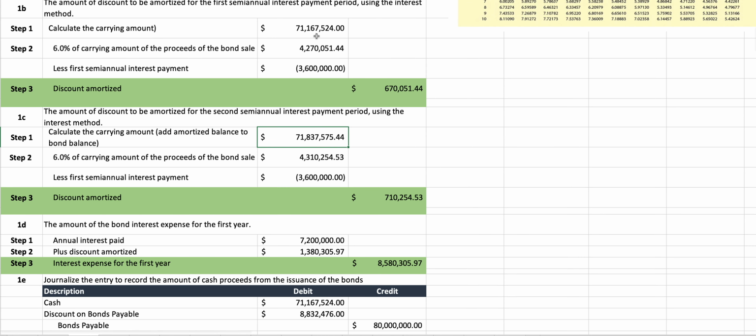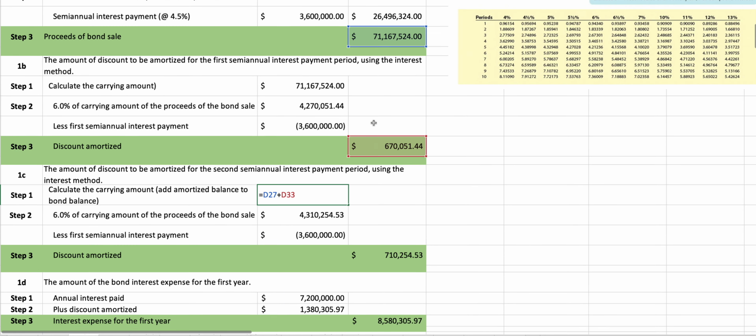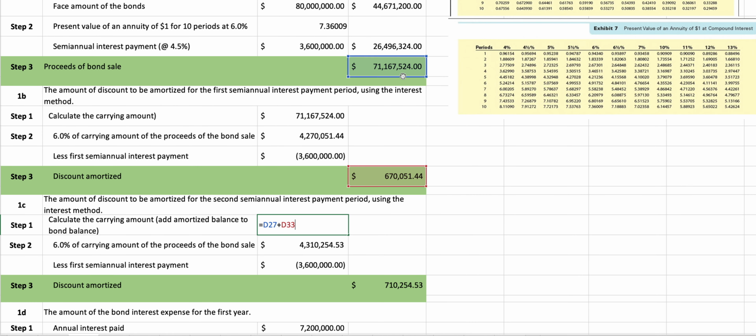Up here, it was only 71.1. So how did we get there? We scroll up. There we go. So we want to take the proceeds of the bond payment, and we want to add in the amount that we amortized. That is our carrying amount.